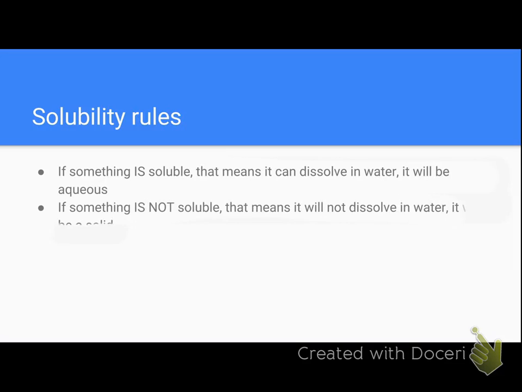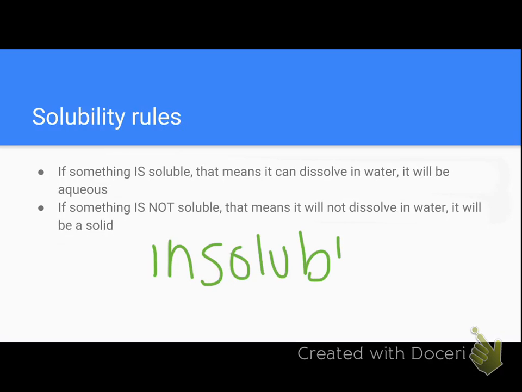If something is not soluble, so it says it's insoluble, we'll write that down as well, insoluble, that means it will not dissolve in water, meaning that it will be a solid. So if it is soluble, it dissolves, it's aqueous. If it's insoluble or not soluble, it will not dissolve, meaning you're going to be left with a solid.